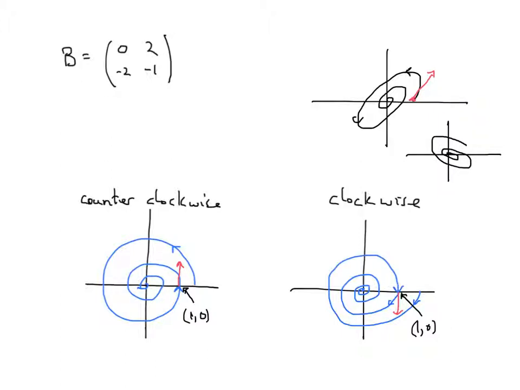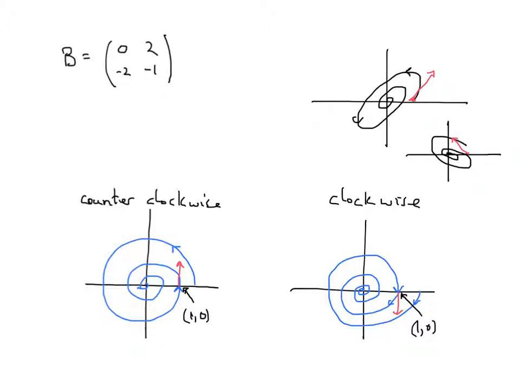So it's spiraling in this direction, and here I am on the x-axis, and here's my direction that I'm moving when I cross the x-axis. It's very important to see that in this case, our y component is positive here, as our y component is positive here, but in this case, our x component is negative. In this case, our x component is positive. But in both cases, this is an example of counterclockwise rotations.